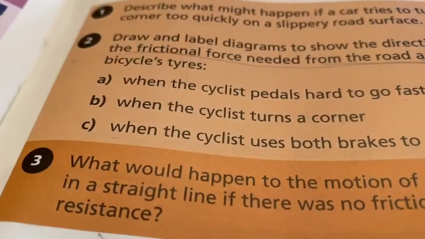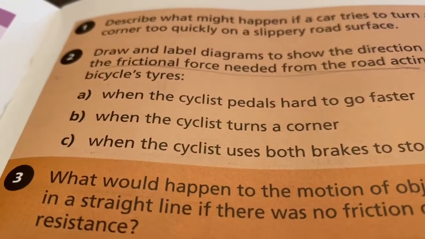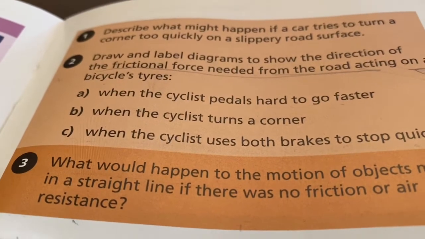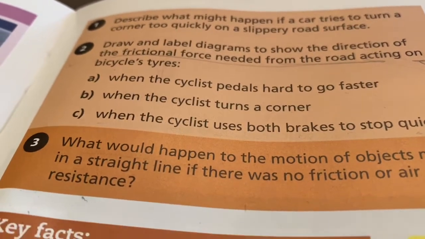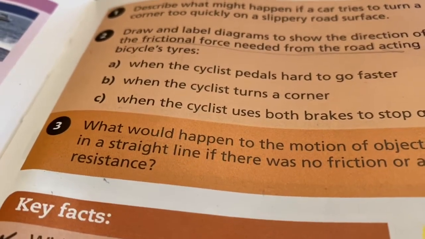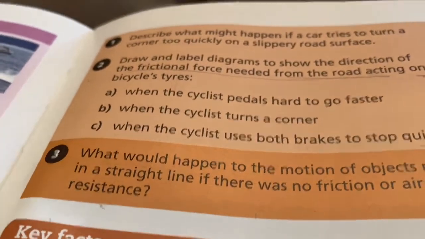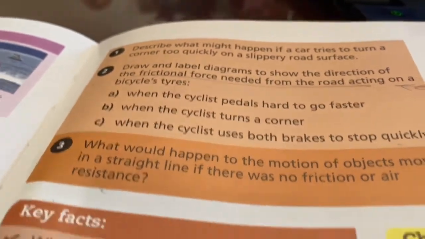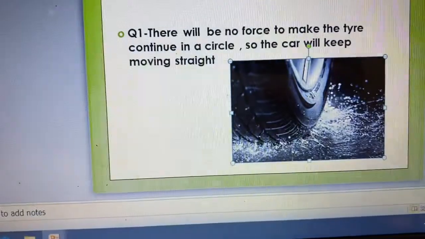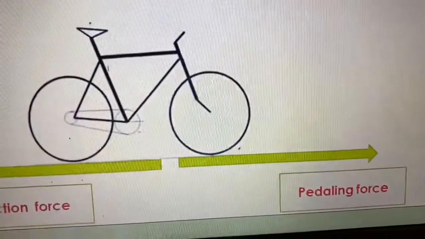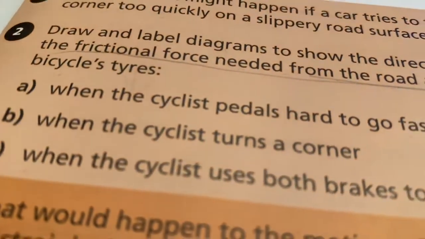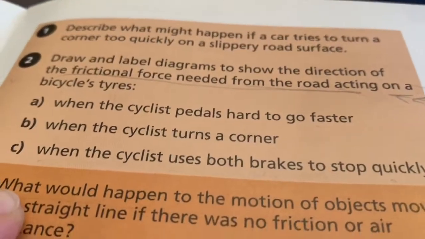Now question 2, draw and label diagrams to show the direction of the frictional force needed from the road acting on a bicycle's tires. You need to draw the frictional force. We said friction always works in the opposite direction of the motion. For example, question A is asking about when the cyclist pedals hard to go faster.